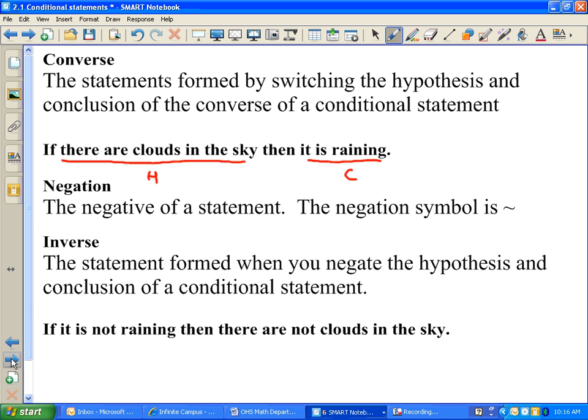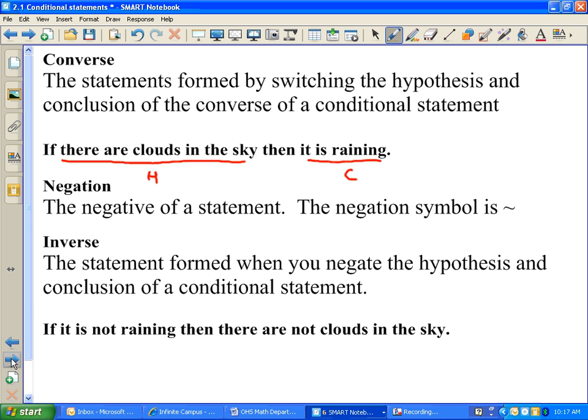He's saying for the converse, you just switch it. What does this have to do with math? It's how you're going to prove statements are true in higher level math. I'm not saying you're going to become a mathematician, but a scientist or someone doing higher mathematics needs to understand the basis for proofs.